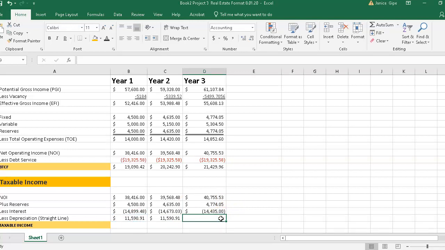It's the depreciation amount, the straight line depreciation amount that you can use for each of the 3 years.